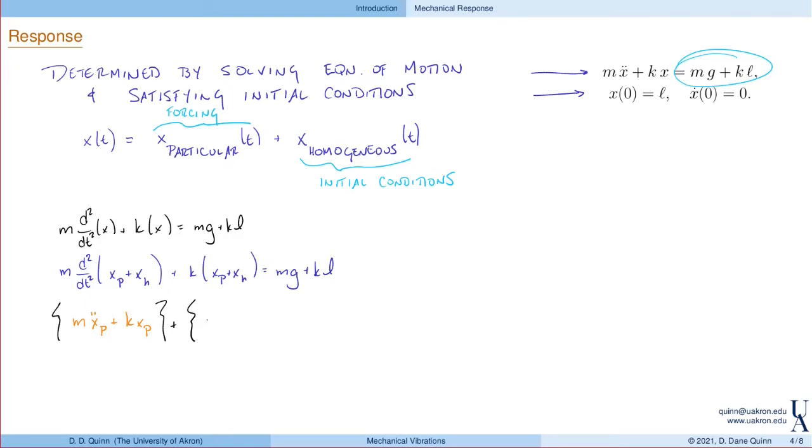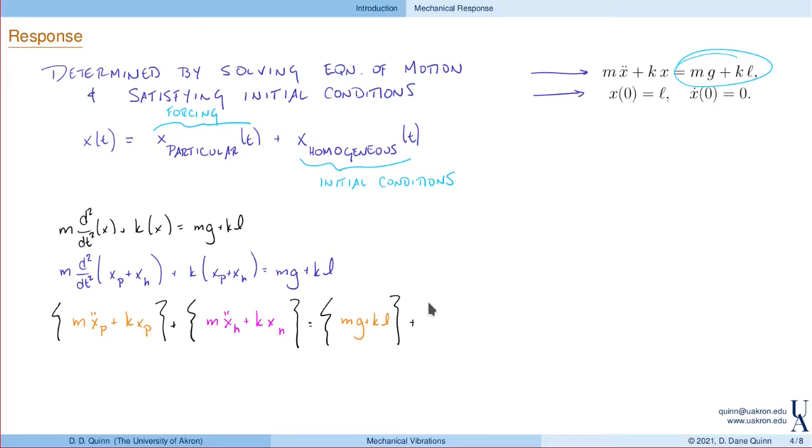That's going to be m times xh double dot plus k times xh. And that's going to be equal to the forcing, which I'll do in orange to highlight the fact that it goes along with the particular solution.